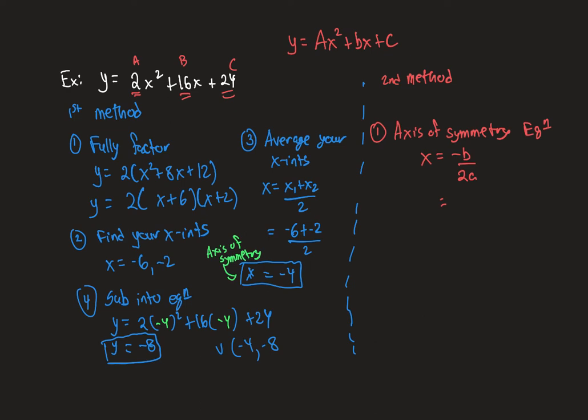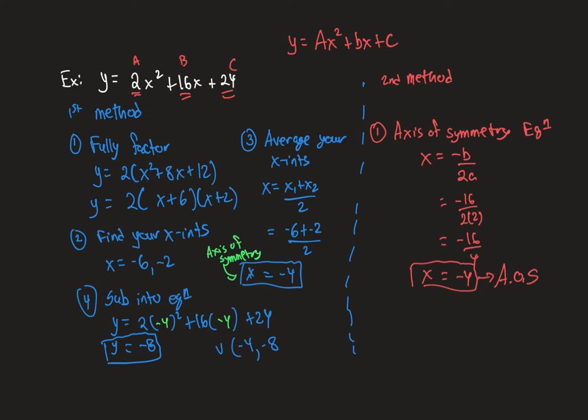So minus b would be minus 16. 2a would be 2 times 2, so -16 over 4, which is -4. This gets you your x value, or your axis of symmetry, without having to do all the factoring and finding your x-intercepts and averaging them.